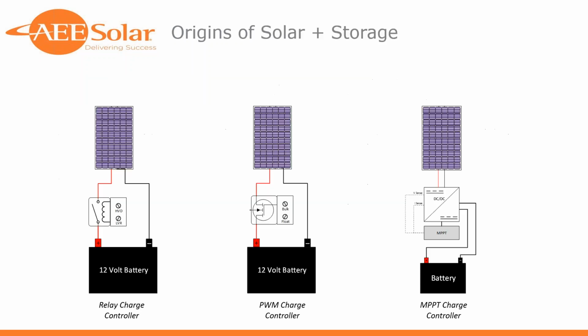So now that we've got the definitions out of the way, I wanted to talk a little bit about kind of where we come from as an industry and why DC coupling has been the most prevalent to date. And I won't belabor this slide too much, but essentially what we're looking at is kind of the evolution of charge controllers from the early days of relay-based charge controllers that had a high voltage disconnect and a low voltage disconnect. And when the conditions were met on the array voltage, the relay closed and directed power towards the battery.